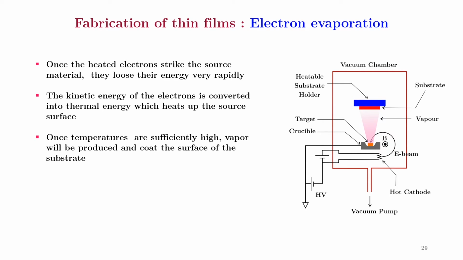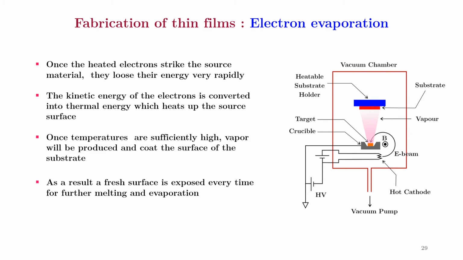Once temperatures are sufficiently high, vapor will be produced and will be coated onto the surface of the substrate, which is placed directly above the evaporant. As a result, a fresh surface is exposed every time for further melting and evaporation. Hence, a deposit of more or less constant composition is obtained by the electron evaporation technique.